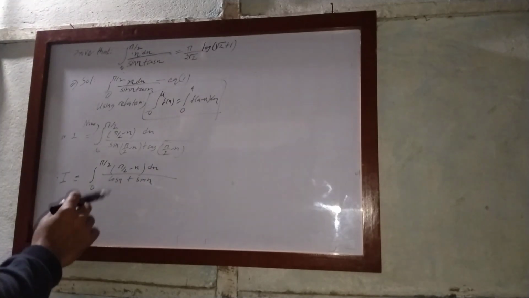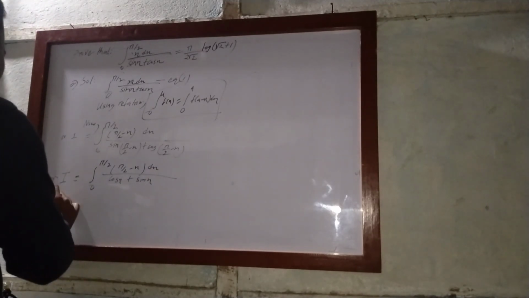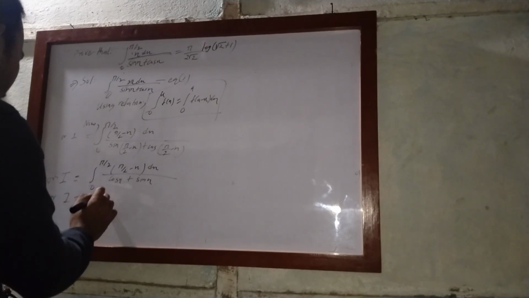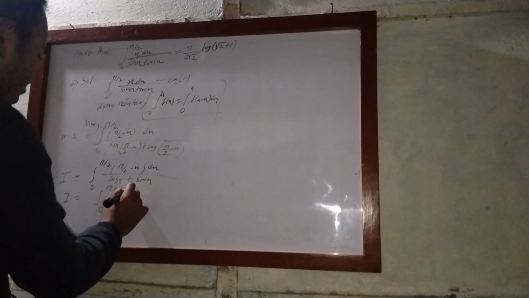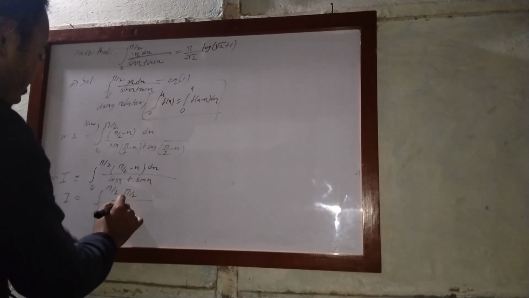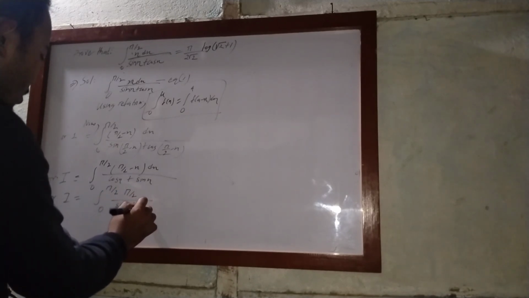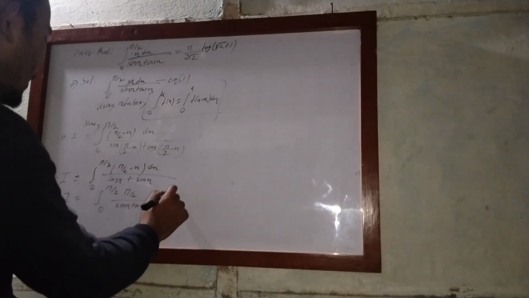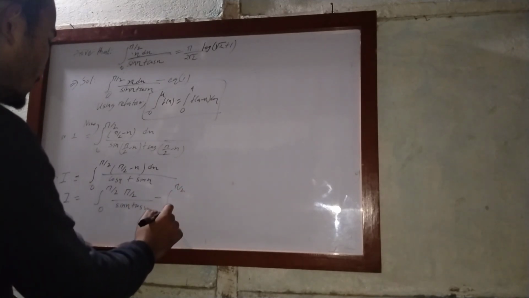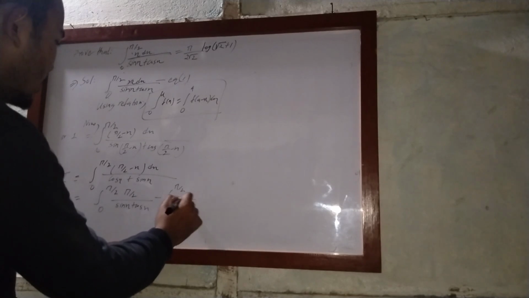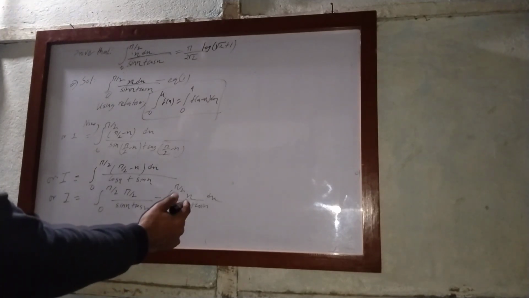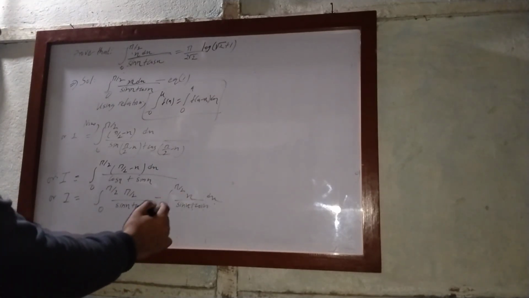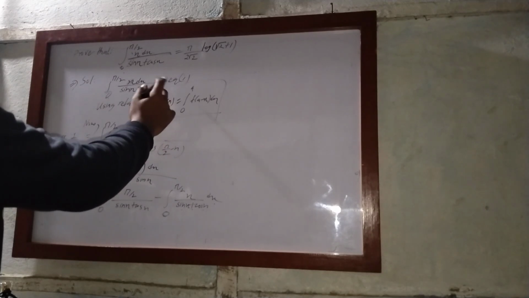Let's separate pi by 2 and minus x like this. Our I is equal to the integral from 0 to pi by 2 of pi by 2 by (sin x plus cos x) minus the integral from 0 to pi by 2 of x by (sin x plus cos x) dx. This integral of x by (sin x plus cos x) dx is equal to I, from equation I.